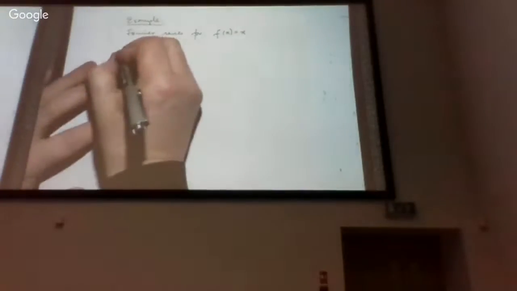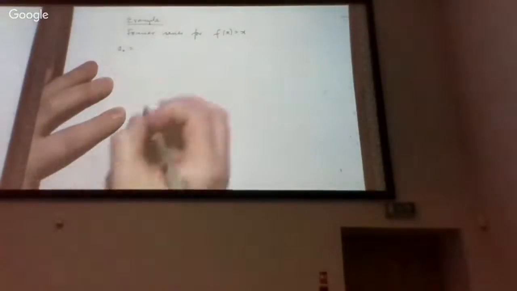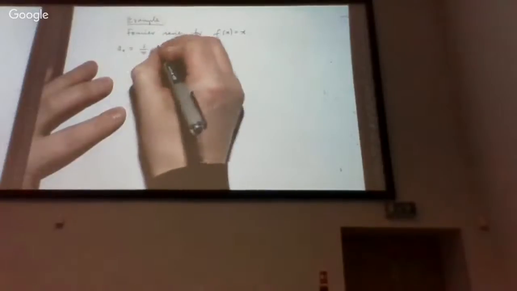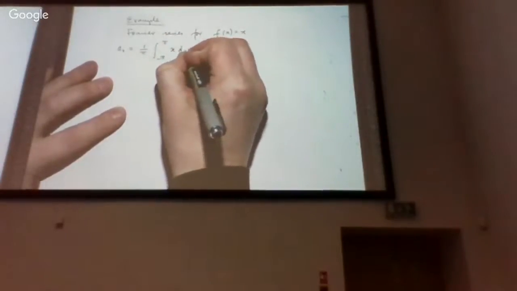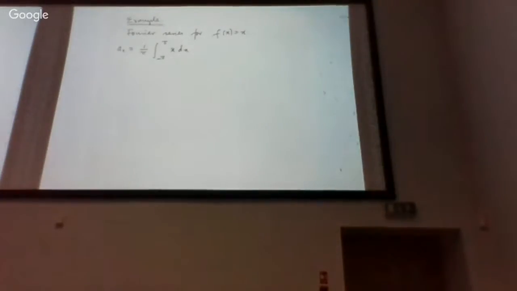So we're looking for a representation for x as an infinite sum of sines and cosines. So let's see if we can do this. We do this as before. First we look for a naught. So it's 1 over pi times the integral from minus pi to pi of x dx. We integrate the function over the interval.